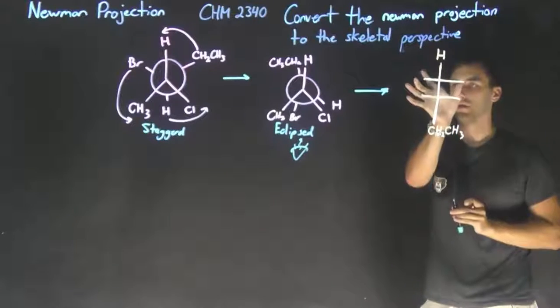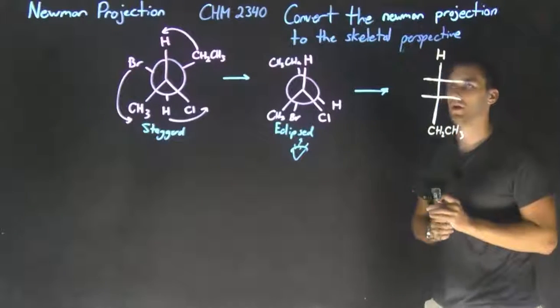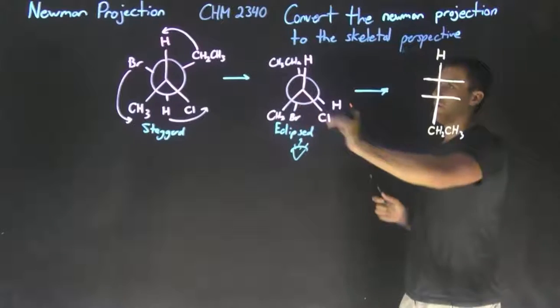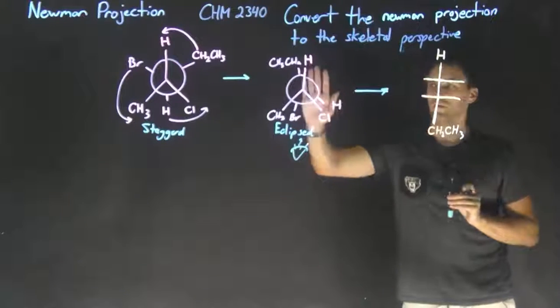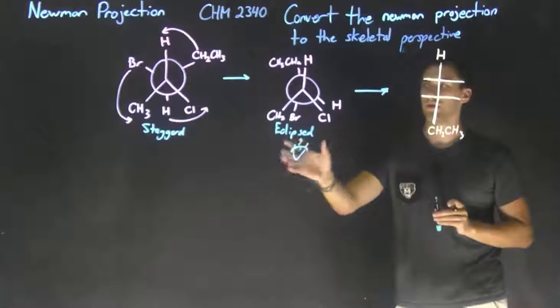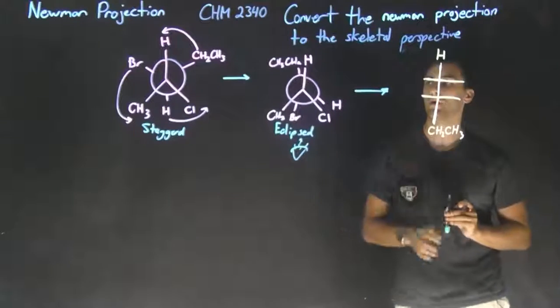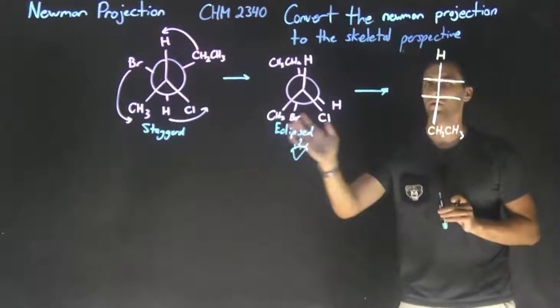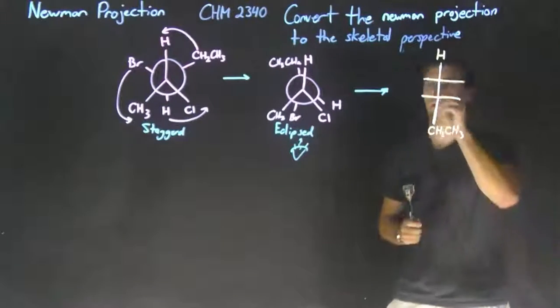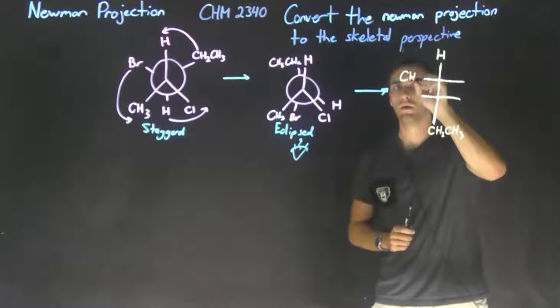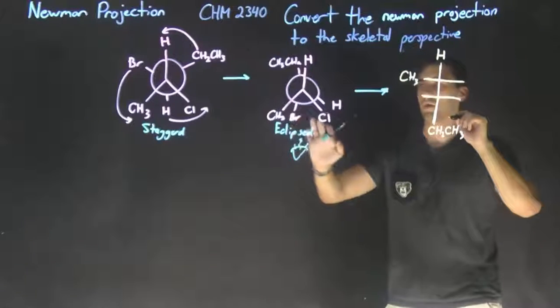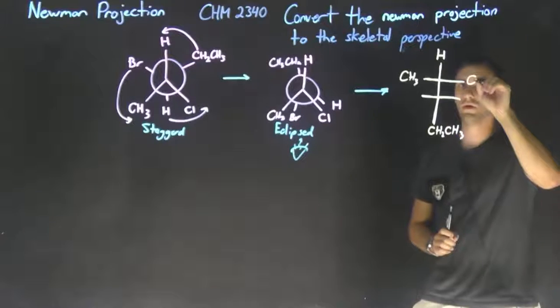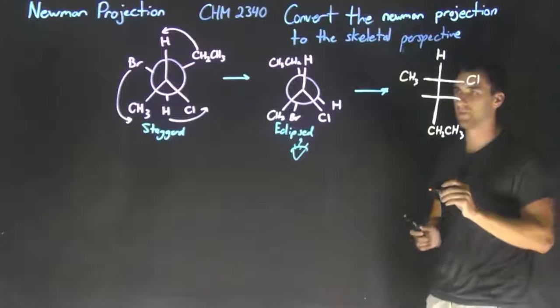Now, do we go left or right for these groups? If we are only rotating this way 90 degrees or looking at it from the bottom, this methyl group is going to be on the left. Therefore, the chlorine group will be on the right.